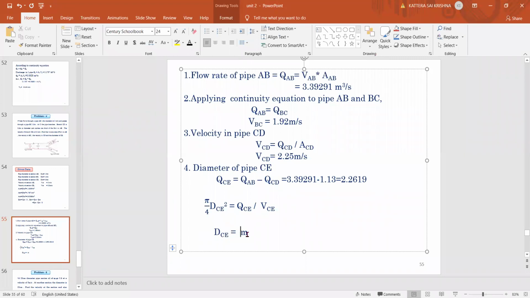Yes, solve the DCE value. So what you will get: under root of 4 into QCE 2.2619 divided by VCE value 2.5 into pi. Yes, anybody with DCE value?